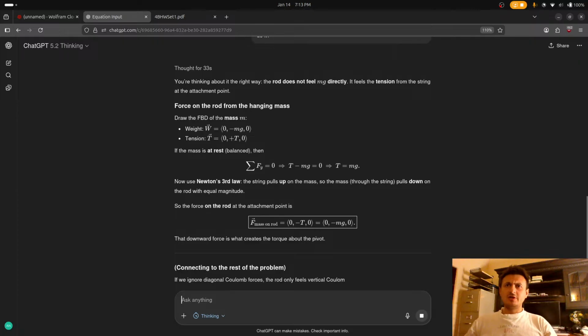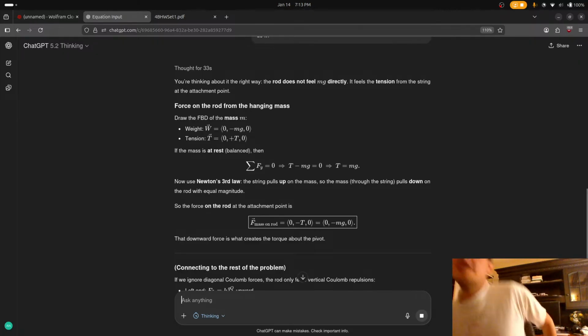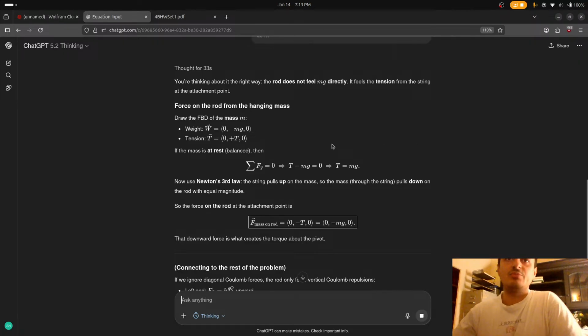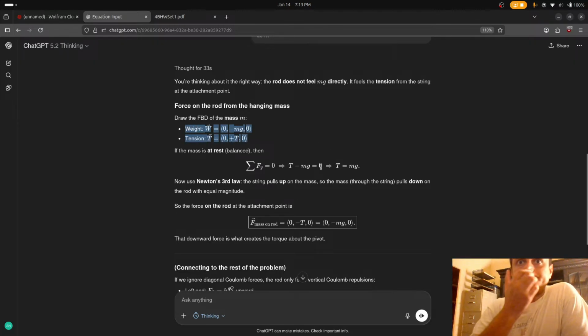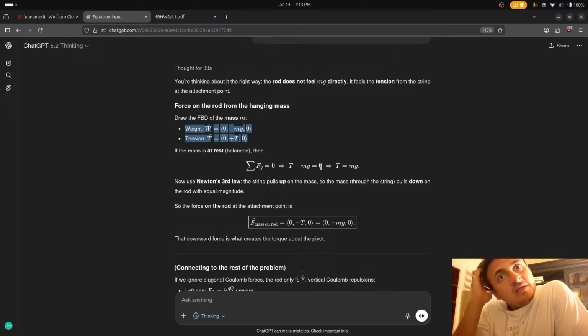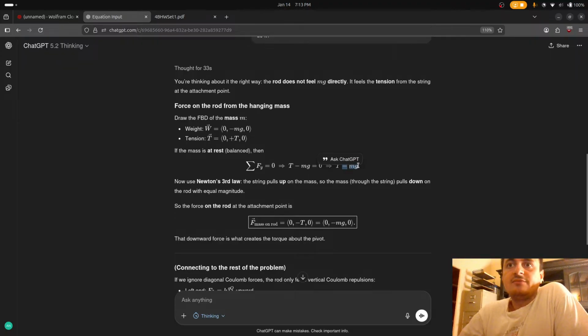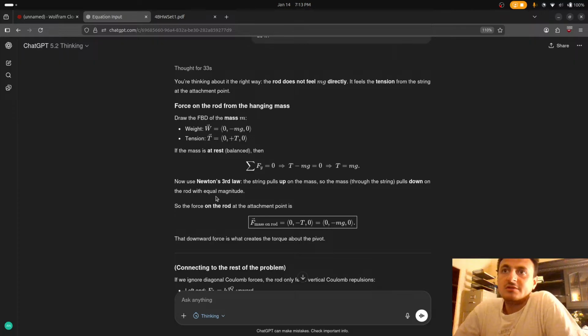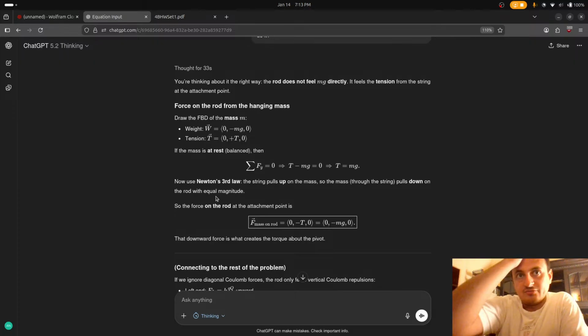You think about it the right way: the rod doesn't feel mg directly. It feels the tension from the string at the attachment point. So the sum of F_y equals 0, so T minus mg equals 0, so T is equal to mg. The string pulls up on the mass, so the mass pulls down on the rod with equal magnitude.